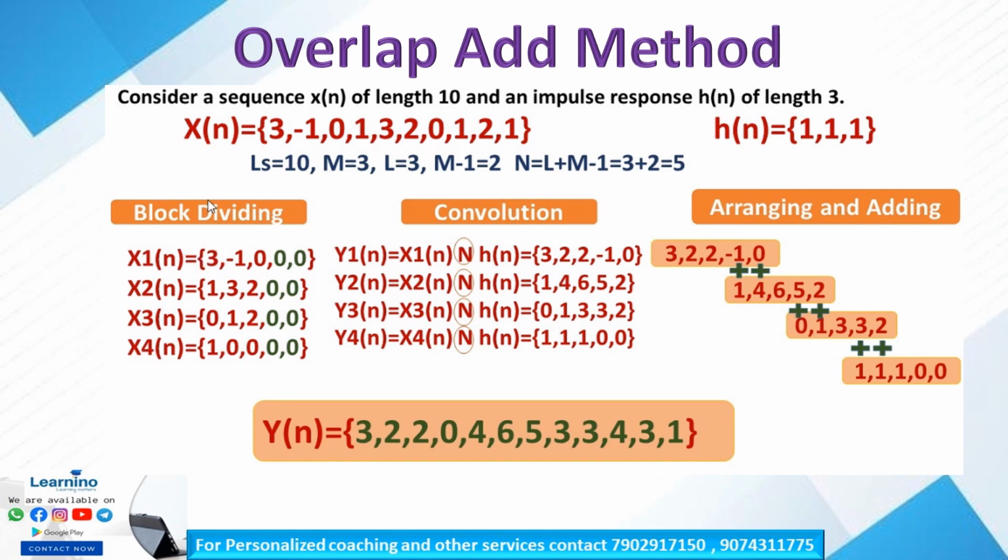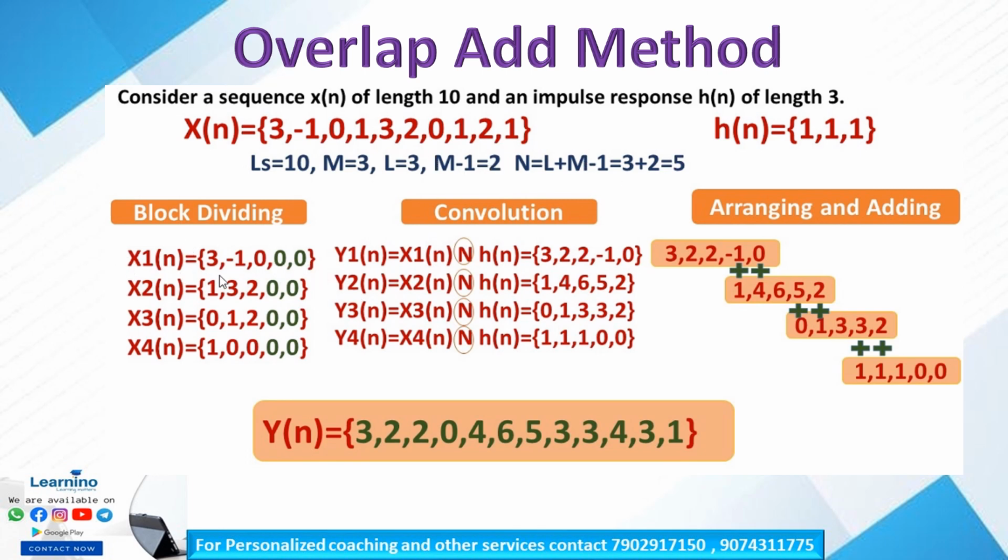In block dividing, the sequence is divided into blocks of data having length L, that is 3. So 3 data points will be written and then M minus 1 zeros are appended to it, that is 2.